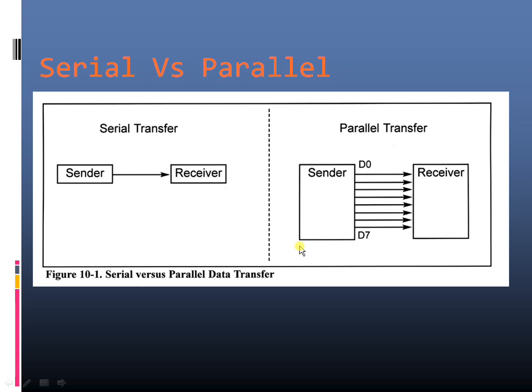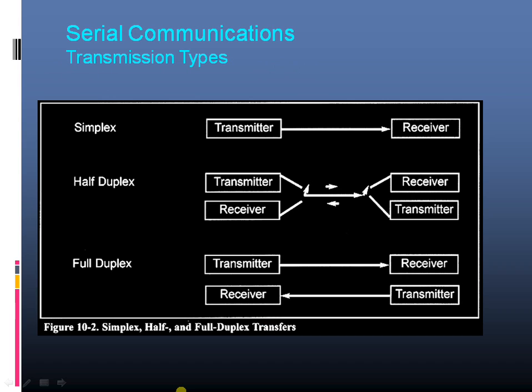So this is serial and parallel communication. Now let us see the transmission types. There are some transmission types in serial communication: simplex, half duplex and full duplex. What is simplex? Simplex is also called unidirectional communication. As you can see, there is one unidirectional channel between the transmitter and the receiver.